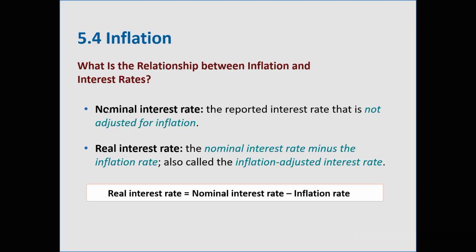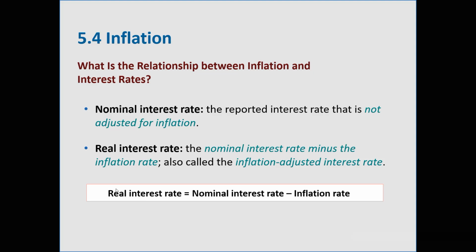However, that amount, let's say they decide to give you 5%, that is a nominal interest rate. Real interest rate is the 5% minus the inflation rate. In other words, you've gained 5%, but inflation makes you lose a certain amount. So if you gain 5% and inflation is 6%, actually your money has lost 1%. But if you gain 5% and inflation is 4%, then you've gained 1%.